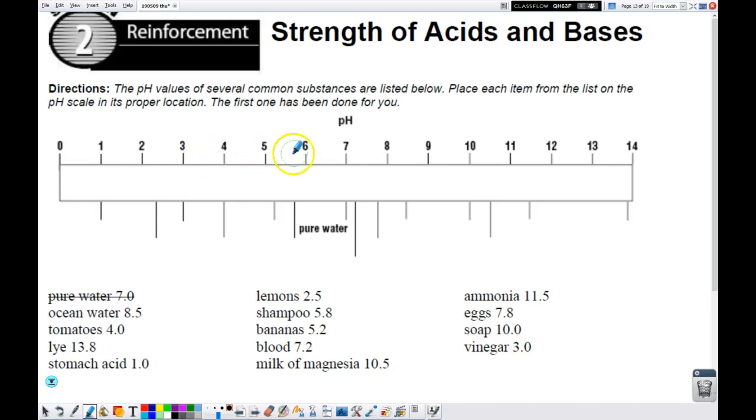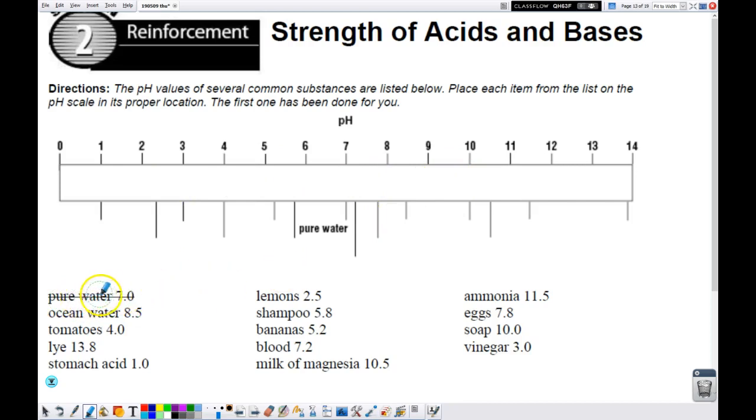Anything between 3 and 7 is a weak acid. Anything from 7 to about 10 is a weak base, and anything from about 10 to 14 is considered a strong base. So as you look at the pH values here, you're going to identify where it is on this scale and then write what it is below.